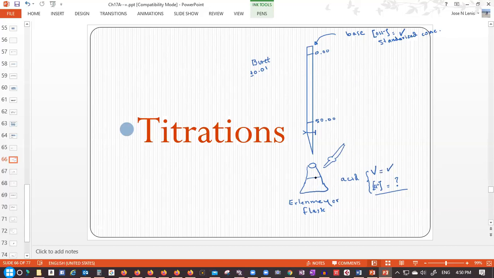Later, you can dilute this. If you add 25 mLs of the acid, you can dilute it up to 100 mLs, for example. That's what you did in your Chem 11 titration. You actually dilute it to use less of my reactive.